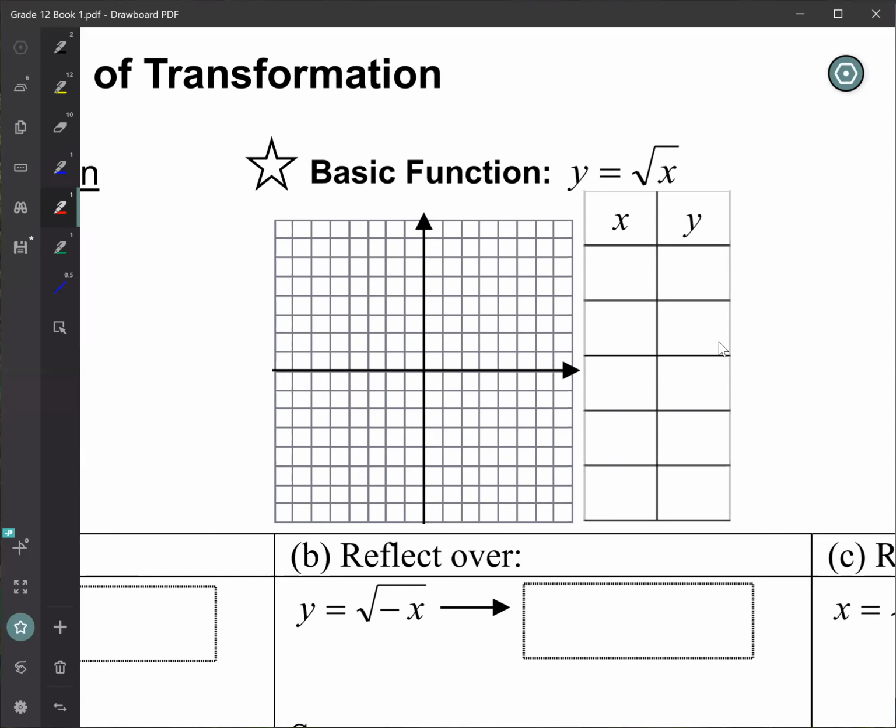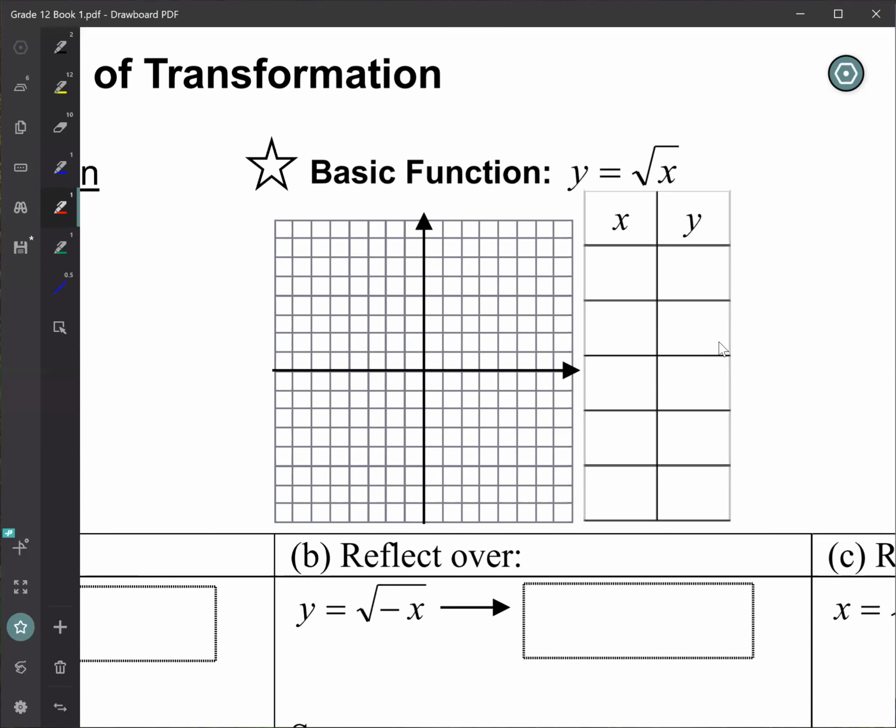Raise your hand if you finish the graph of this radical function. Trudy, are you done? Yeah, okay, very good.